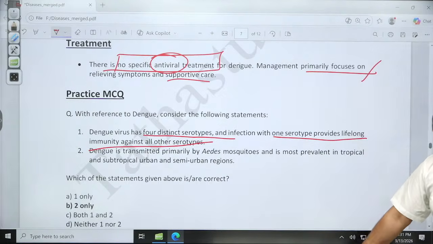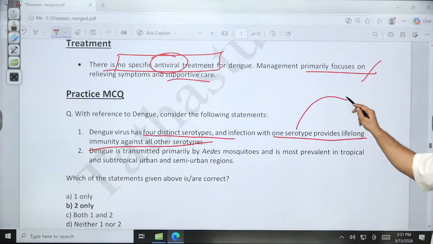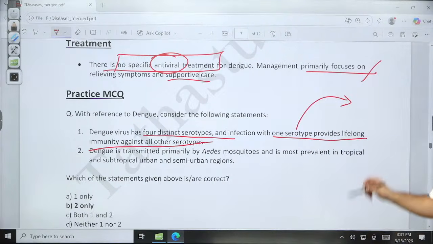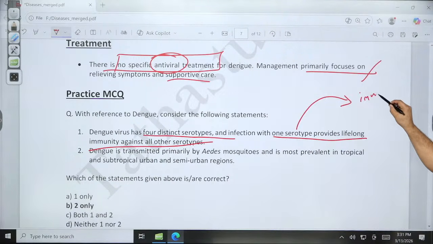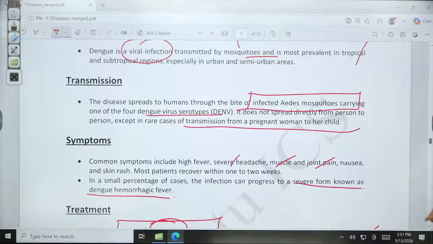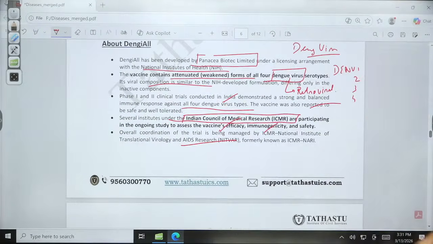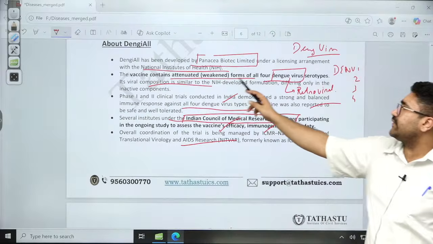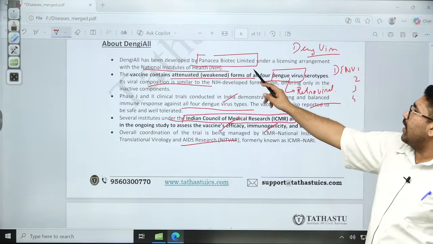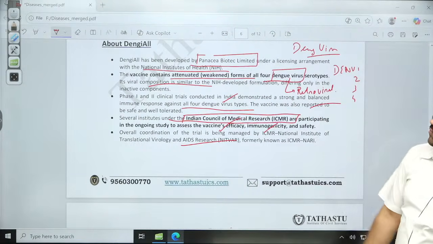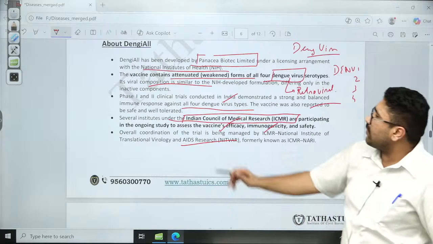One serotype may provide immunity against others. So please remember, we have already seen this previously, that the vaccine also contains this form of virus against all 4 dengue virus serotypes. Its viral composition is similar to this.